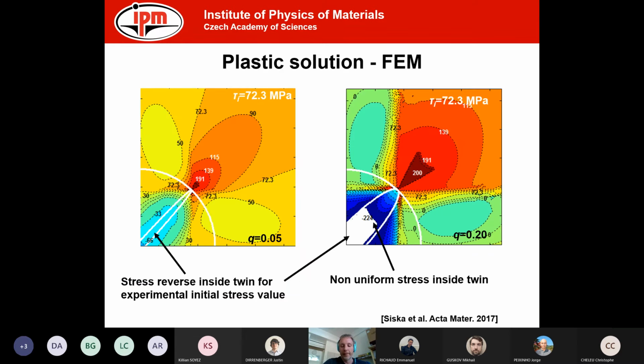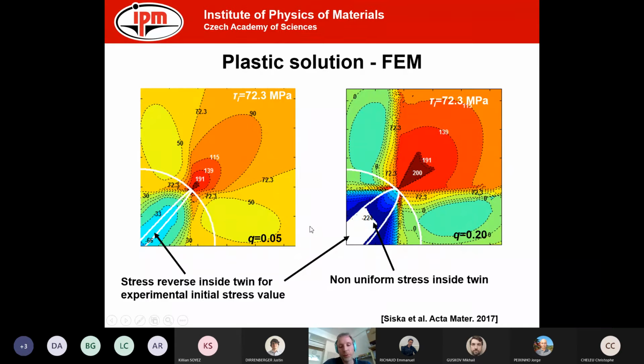And here I will show you the results. So this is the map of the twin shear in the twin plane, when the initial shear stress applied is 72.3 megapascal, which corresponds to the experimental value.